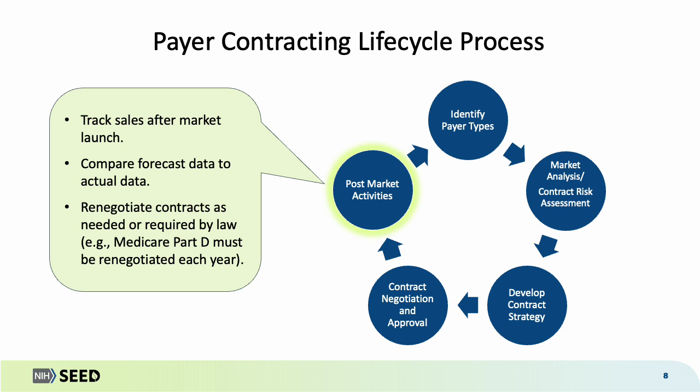Once pricing and contracts are negotiated, approved, and agreements signed, it will be important to track and compare your forecast data to the actual data from sales. This information will help support renegotiations of contracts, which can occur on an annual basis, depending upon the payer's contract terms. A good example of this annual bid and negotiation process occurs with Medicare Part D prescription plans.